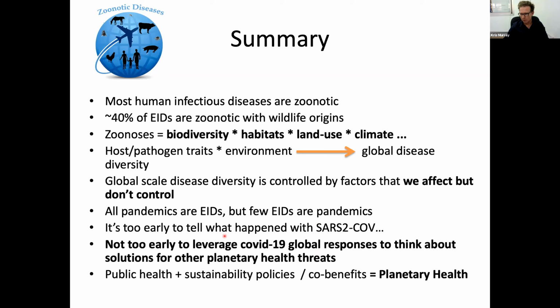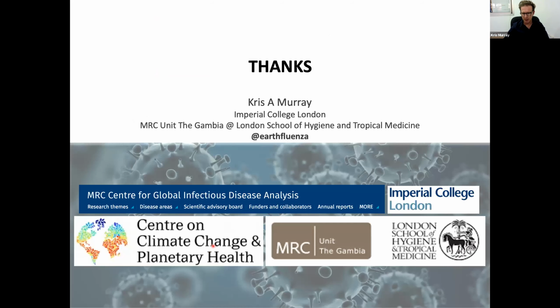And a lot of those things are these big systemic, existential threats like climate change and land use change, which I think in the long term represent the biggest global health threats that we're facing at the moment. I'll leave it there. Thanks so much for having me.